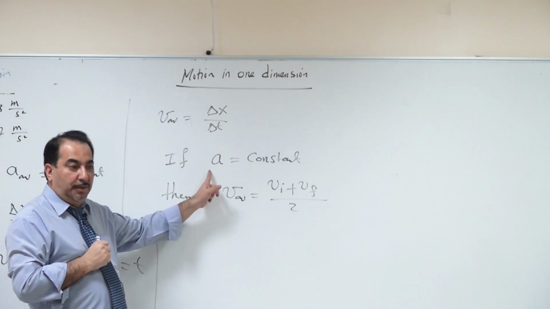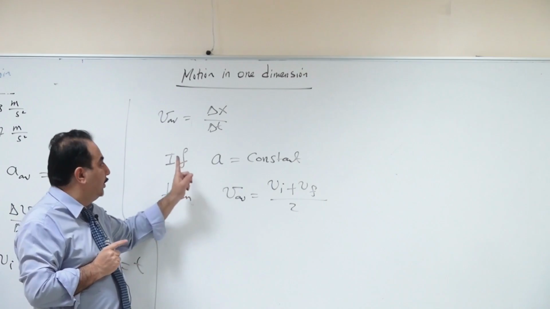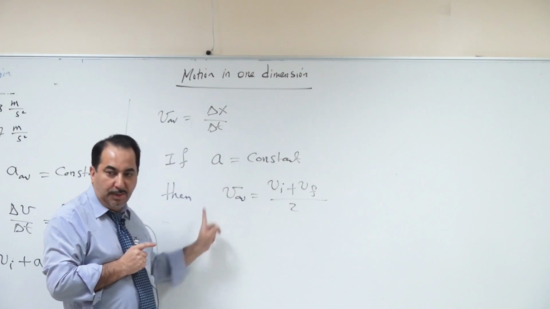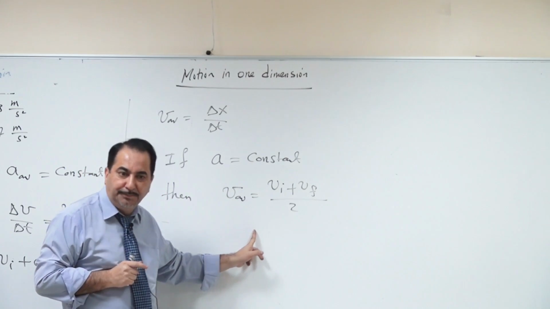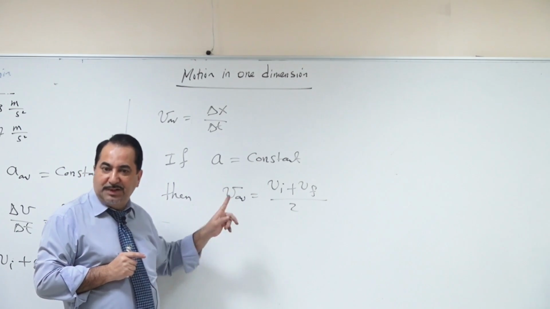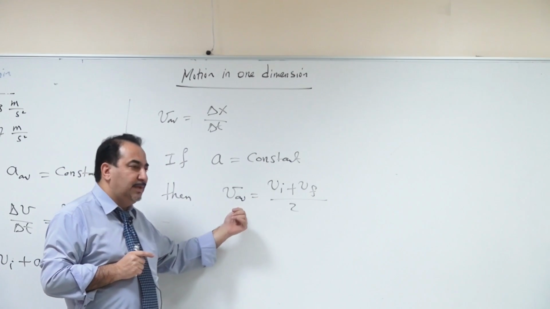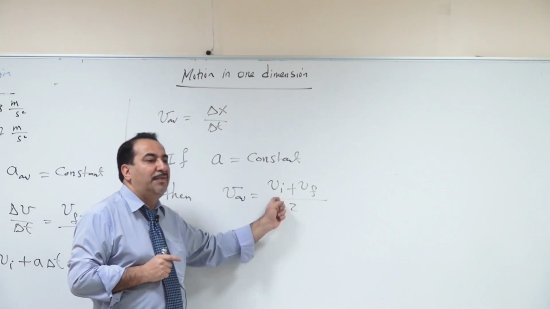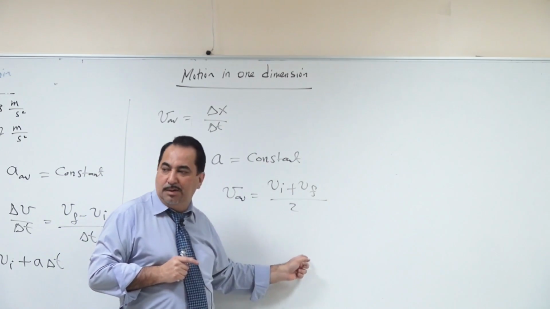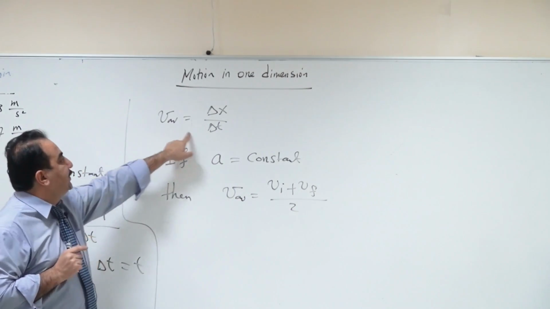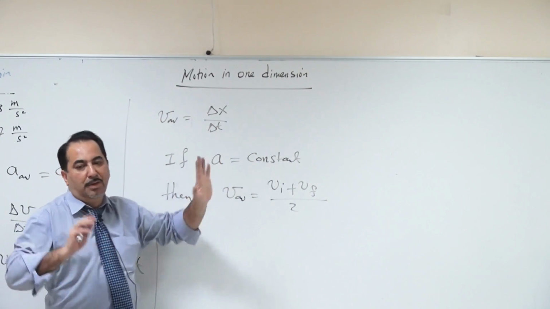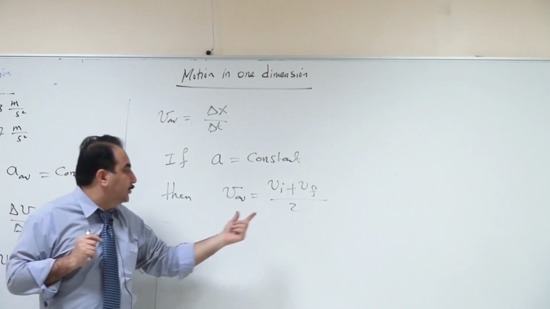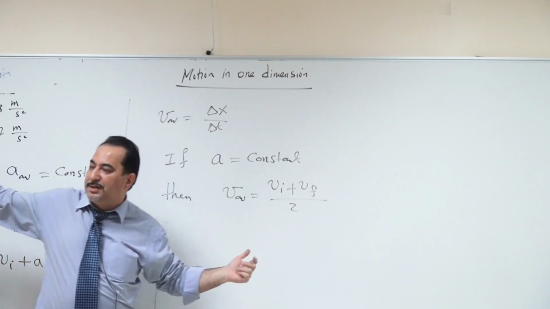Look, this is conditional. And a condition, if this is true, this is what? True. If this is false, this is false. So this is an exception. Velocity average, you can add the two velocities, divide by 2. Is this an exception or a general rule? So I can use it anytime. But this one, especially for constant acceleration.